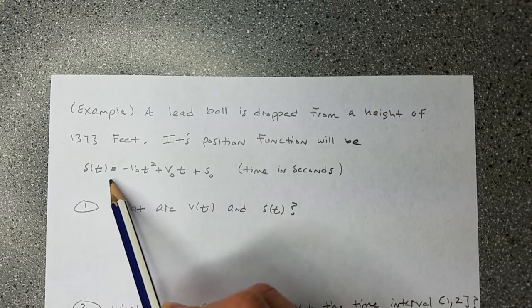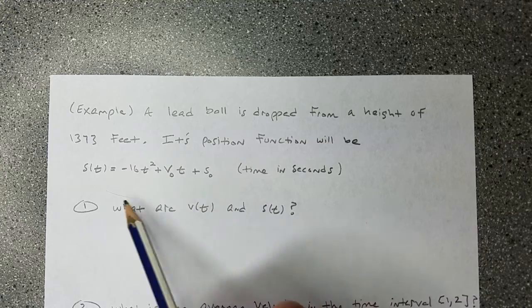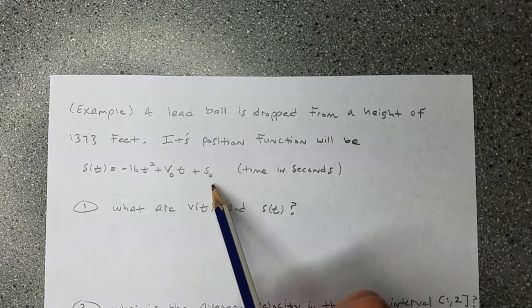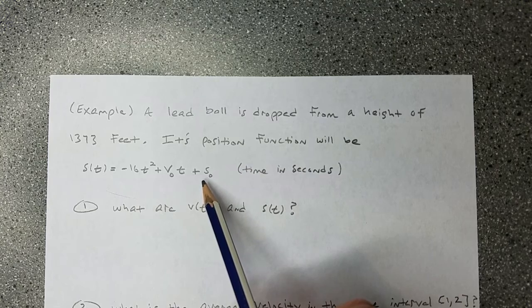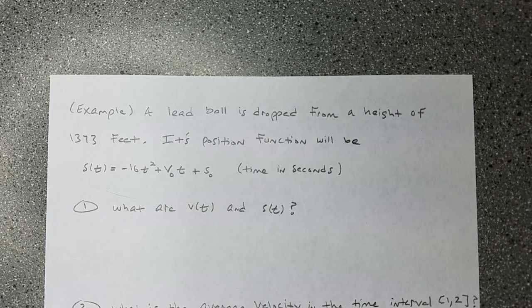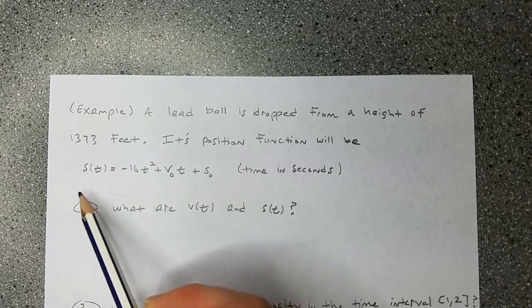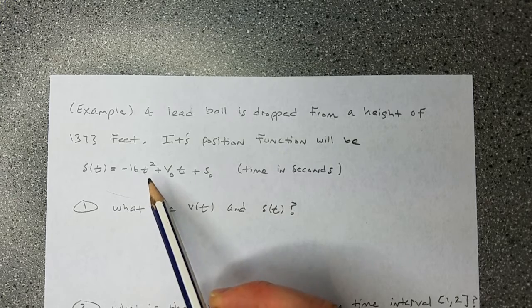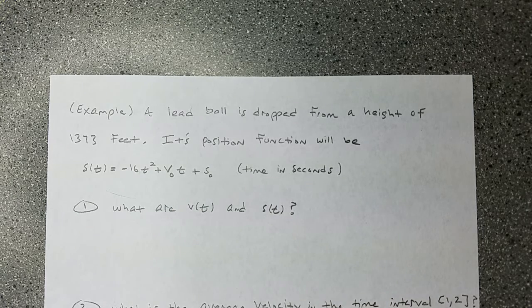Say that when objects are in free fall under only the influence of gravity, they have this predictable position function. In the case that something is just dropped and falling, this gives its position above the ground. It tells you how high above the ground the object is at any moment.